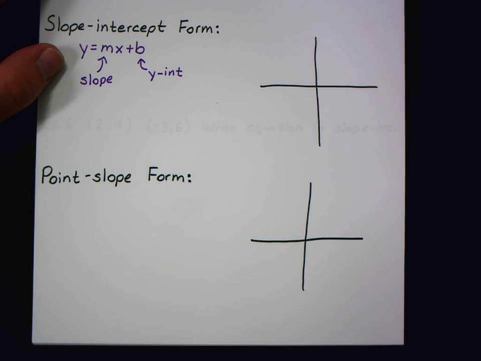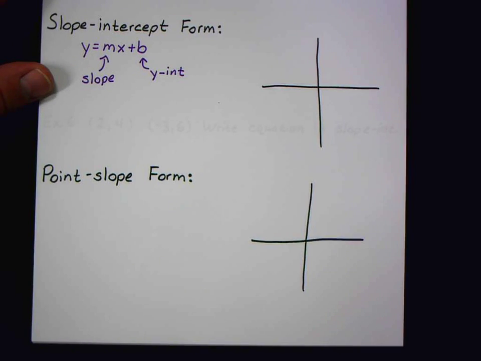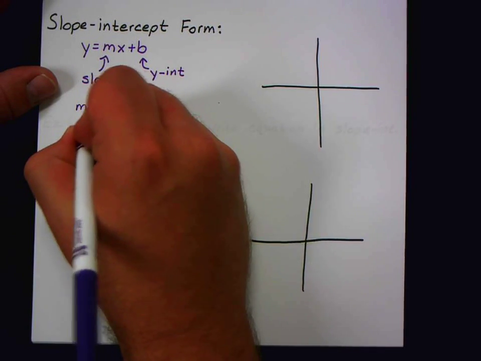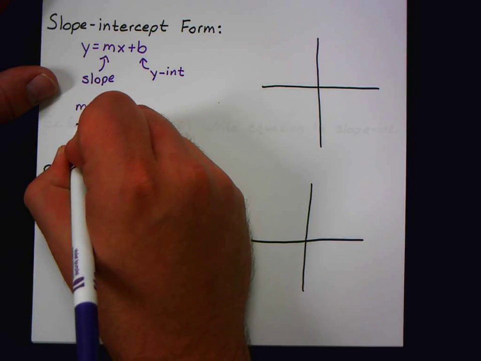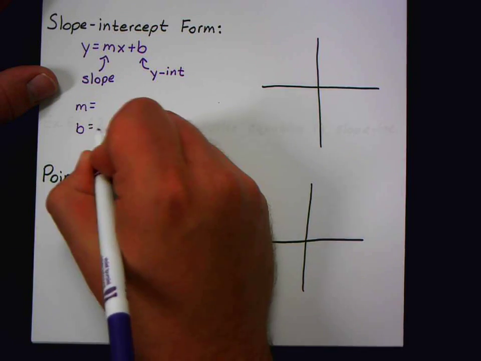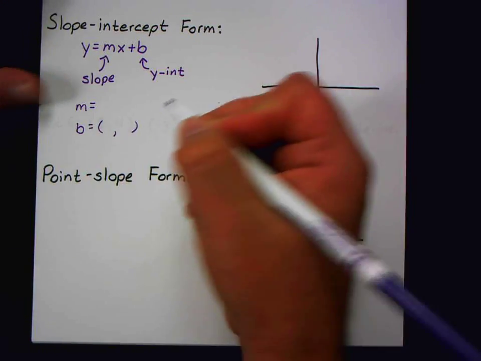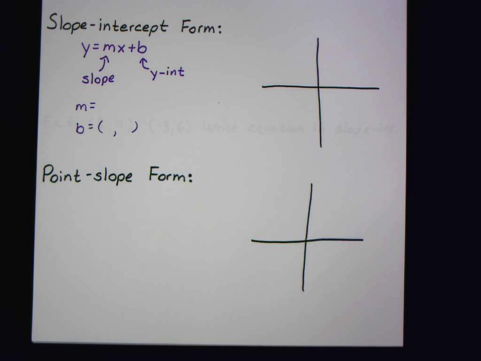Most of your problems in your book where you have to find slope-intercept form, what they do is they tell you m equals this, your y-intercept equals this, write your equation. They're like super easy problems. So I'm not even going to worry about going through those.